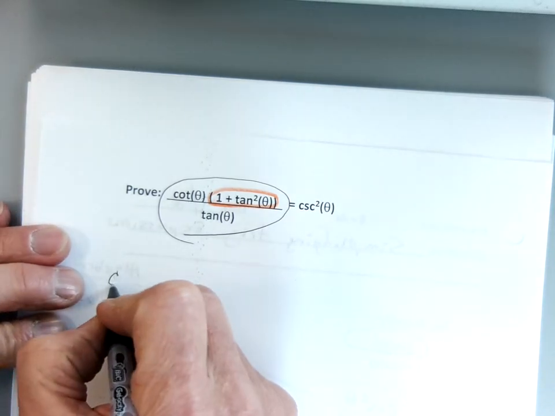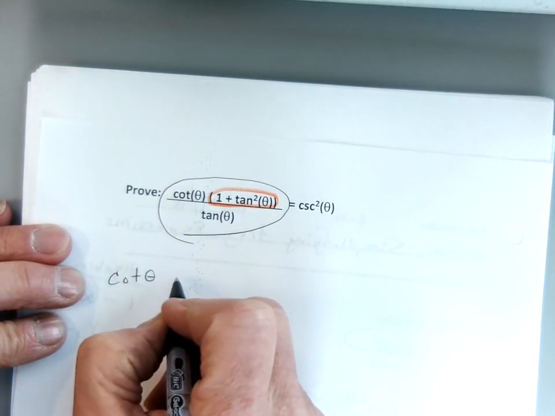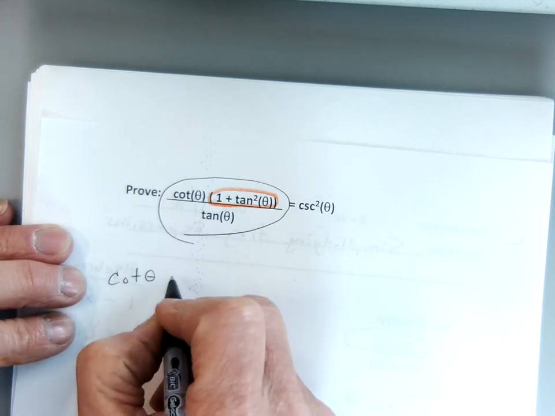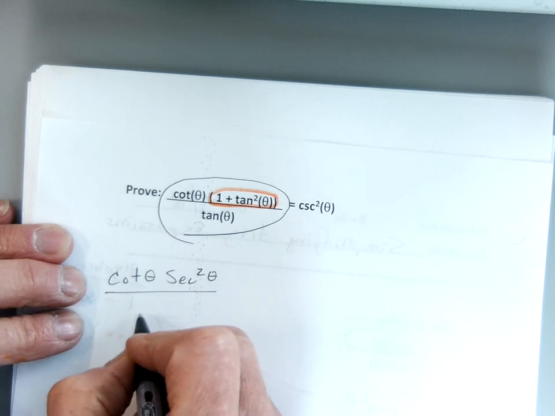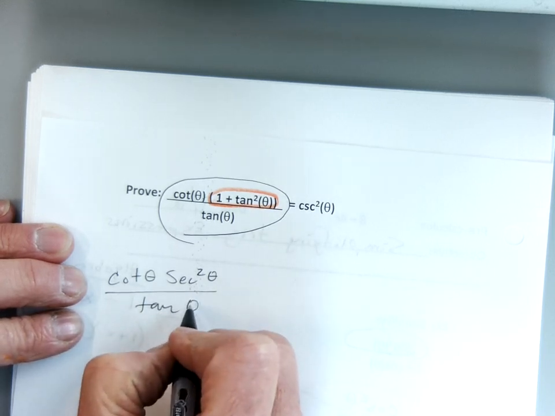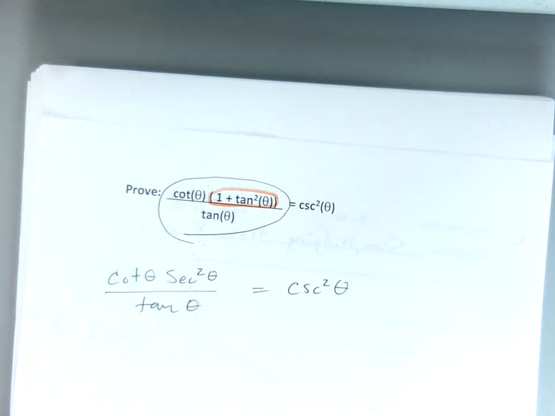So I'm going to go, cotangent theta times a, what do we say, secant, right? Secant squared theta over a tangent theta needs to equal a cosecant squared theta. Okay, I'm not there yet. What would you do? I know what I would do. What would you do?